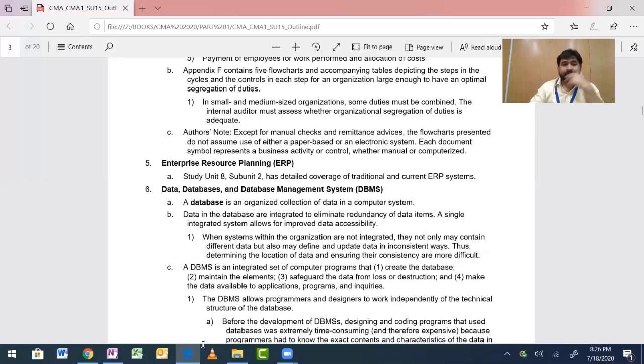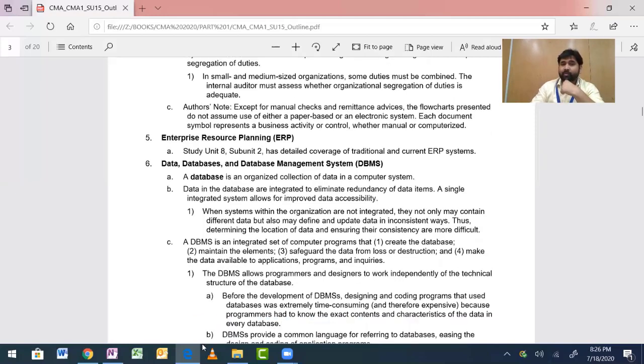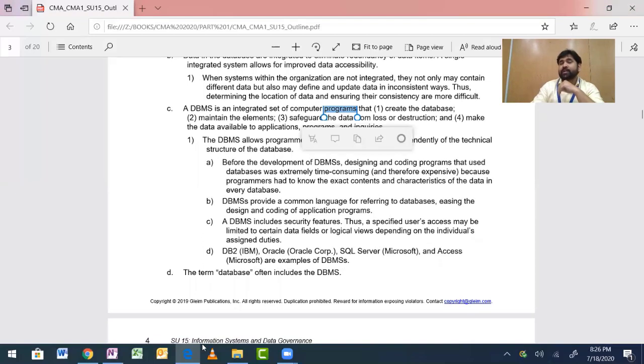Now, a DBMS, database management system, is an integrated set of computer programs. Basically, these are programs which will create the database, maintain the database, safeguard the data from loss or destruction, and make the data available to applications, programs, and inquiries.